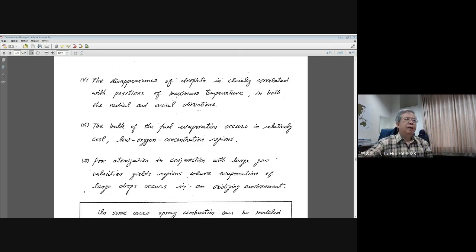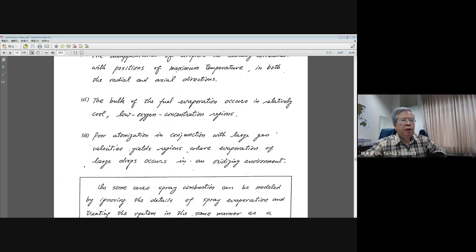Okay, and the sixth comment: the bulk of fuel evaporation occurs in a relatively cold, low oxygen concentration region. That means this belongs to maybe the external group combustion, the external group combustion model described by Professor Chiu.